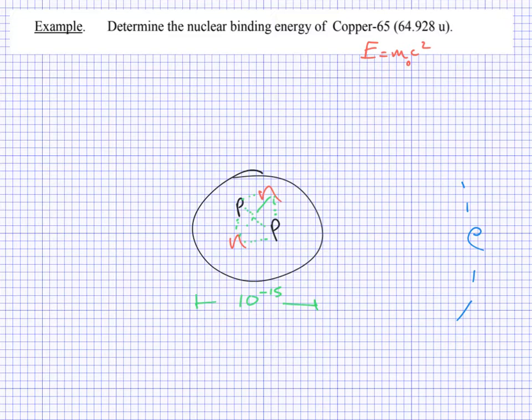It's to do with the fact that the strength of the force is so strong and the mass of the particles is so small that they start becoming kind of equivalents. And what we need to do here is look at the differences between the separate masses of all the protons and neutrons versus the mass of the actual copper-65. We should see that there's a difference, and that will give us the binding energy.